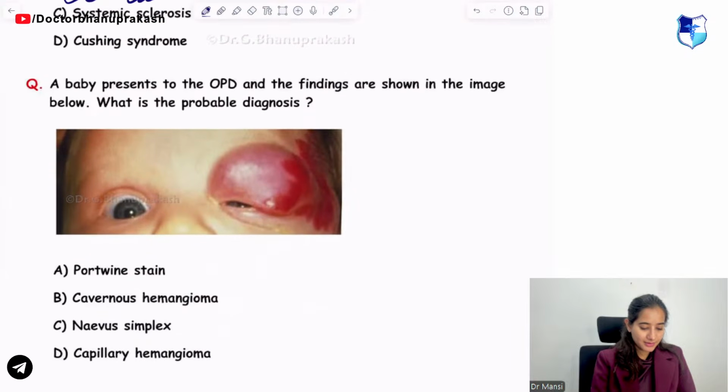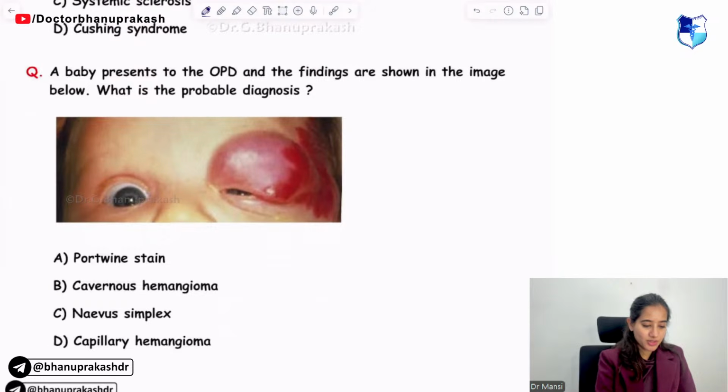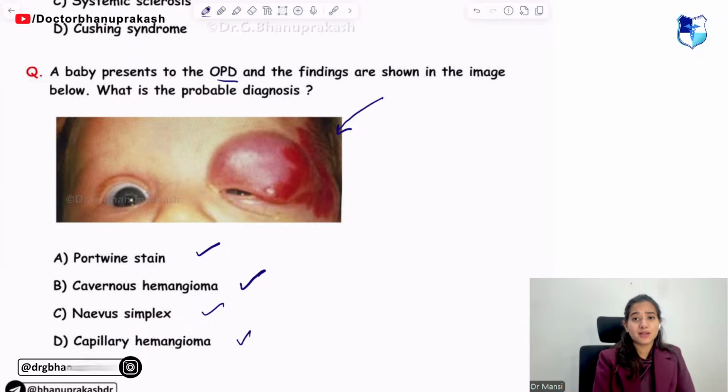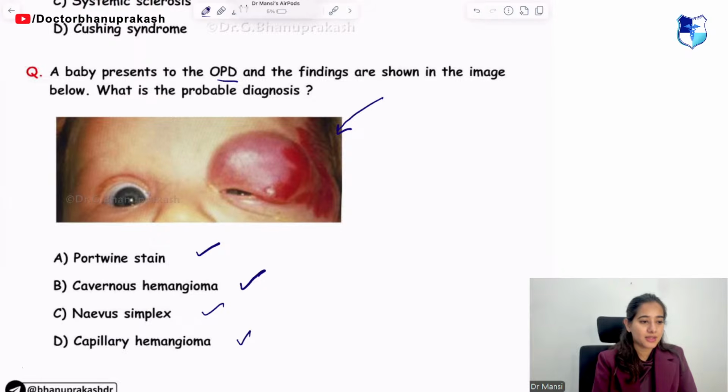Then let's move to the next question. A baby presents to the OPD with the following finding. What is the probable diagnosis? Is it a port wine stain? Is it a cavernous hemangioma? Is it a nevus complex, or is it a capillary hemangioma? So I told you that in dermatology, most of the time there will be questions related to images.